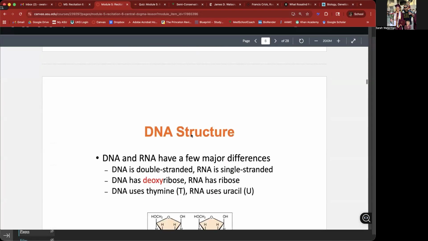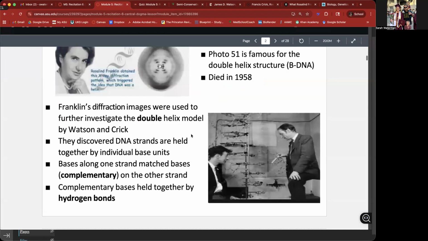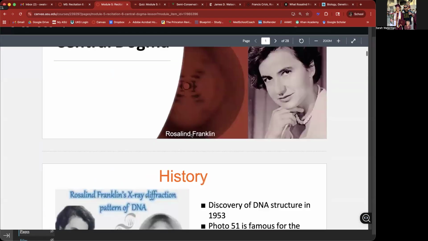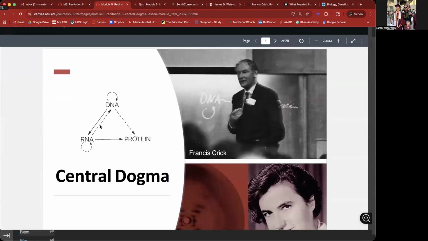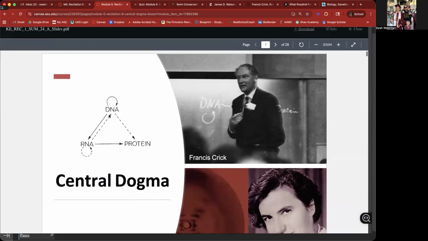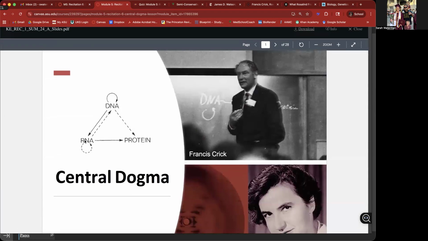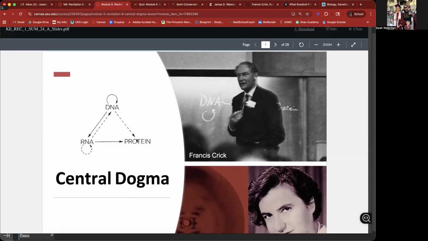It's really important to understand that DNA is transcribed into RNA, mRNA technically, and then the mRNA leaves the nucleus into the cytoplasm and is translated into a protein.